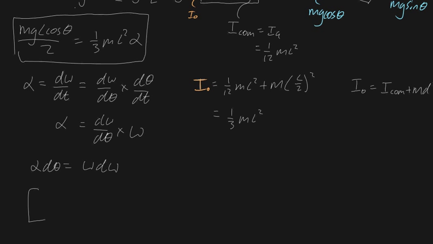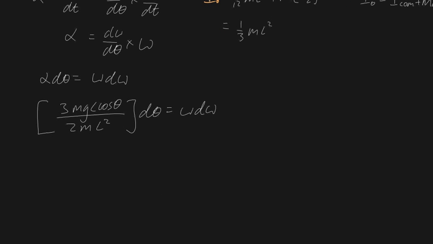If you get everything in terms of alpha, you'll find it'll be 3 mgl cosine theta over 2 ml squared times d theta is equal to omega d omega. Once you solve for that, noticing a lot of these terms cancel off, you're left with 3g on 2l times the integral of cosine theta d theta is equal to the integral of omega d omega.